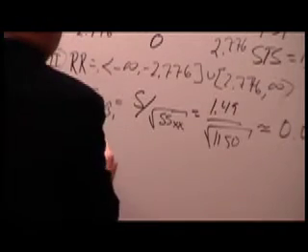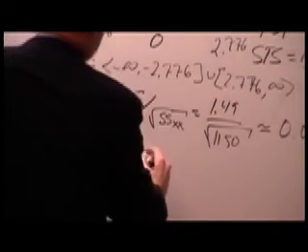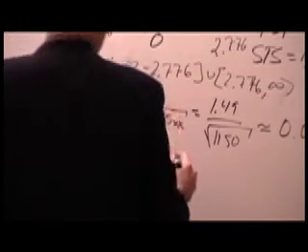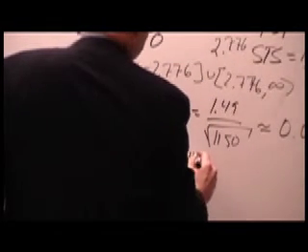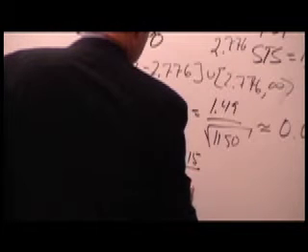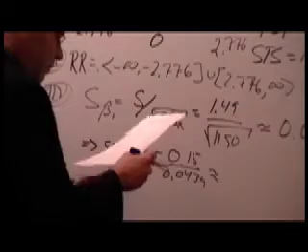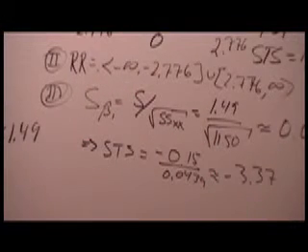And therefore, the standardized test statistic up here is minus 0.15 over 0.0439, or approximately minus 3.37. Is that in the rejection region?